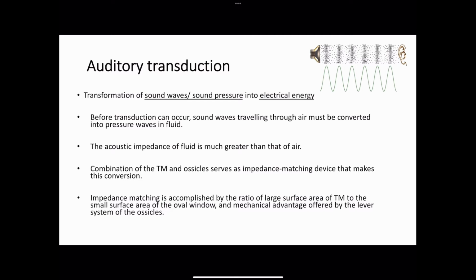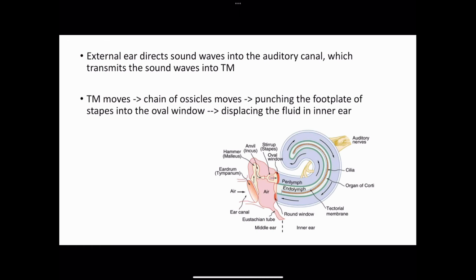The combination of the tympanic membrane and ossicles serves as an impedance matching device that makes this conversion. Impedance matching is accomplished by the ratio of the large surface area of the tympanic membrane to the small surface area of the oval window, and the mechanical advantage offered by the lever system of the ossicles, as we already learned earlier.